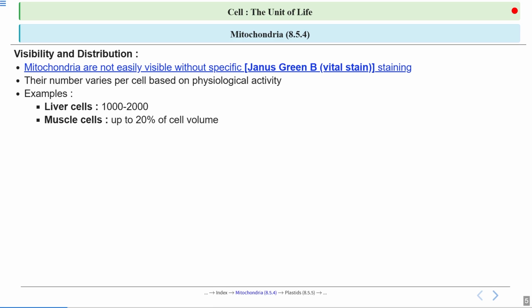In muscle cells, up to 20% of the cell volume consists of mitochondria. Muscles require energy to carry out work. Whenever we are moving, whenever we are talking, whenever we are doing any activity, this activity requires energy.